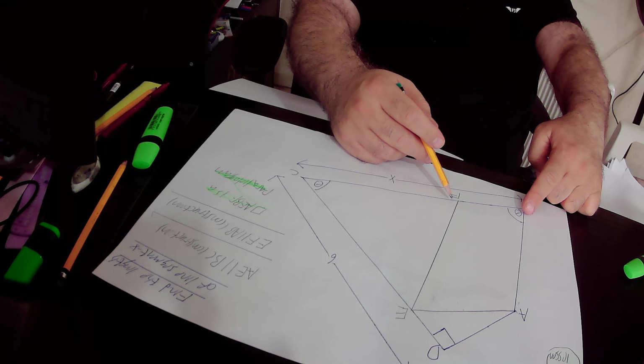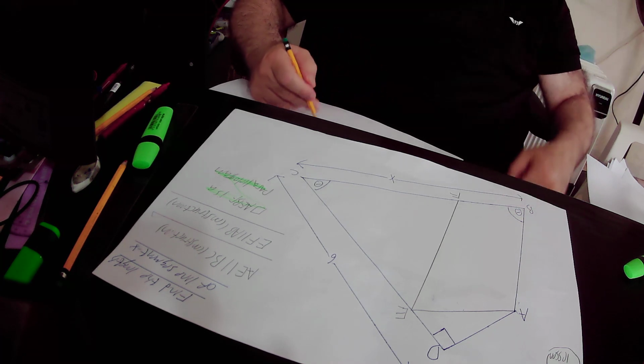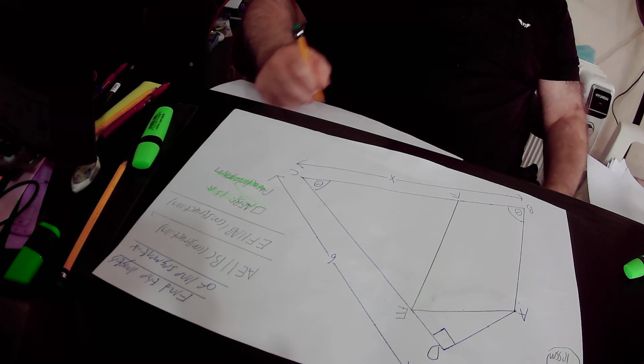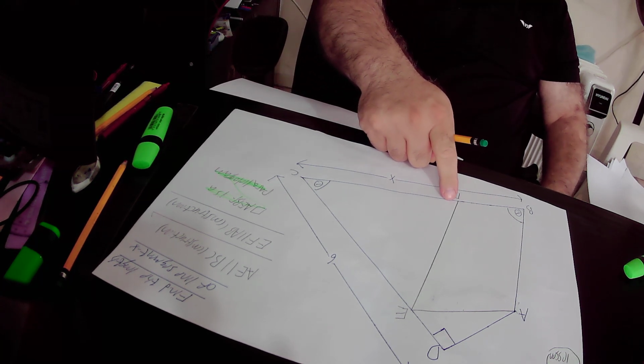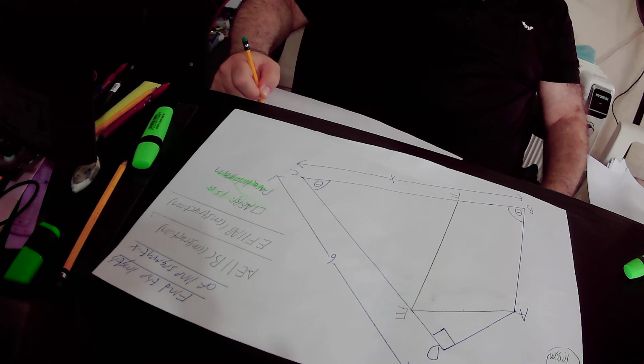Therefore, they will be equal to each other according to rule number 3. That is to say, this angle, angle ABC, will be equal to this angle, angle EFC.